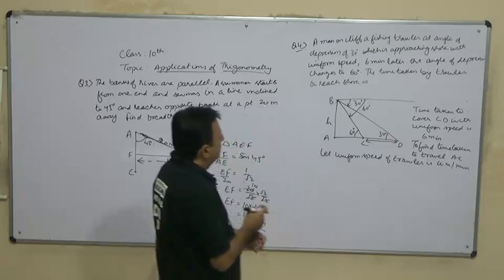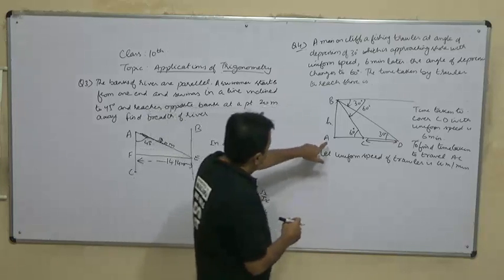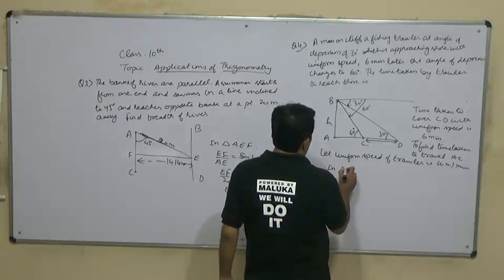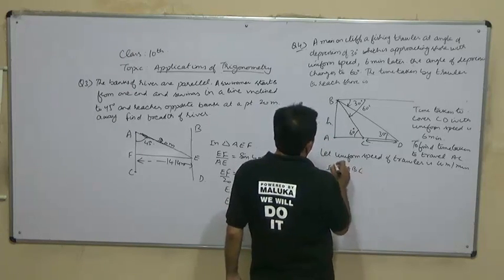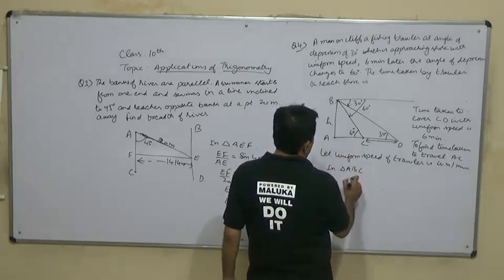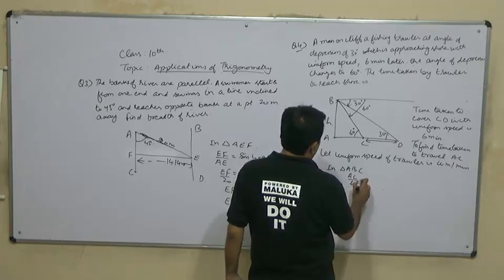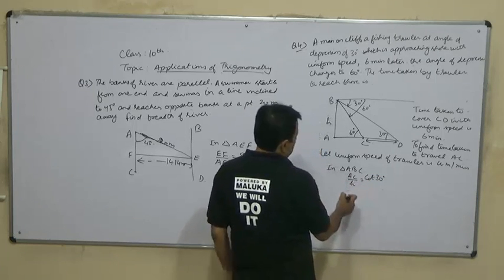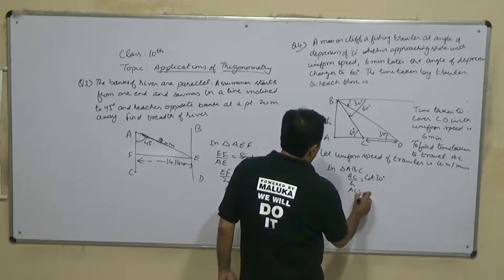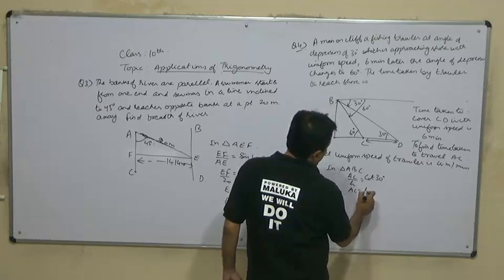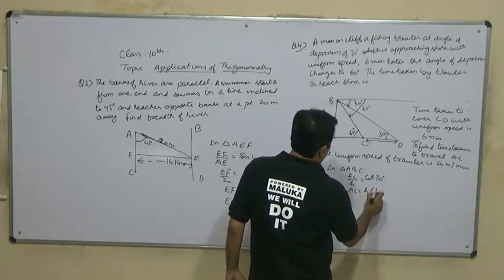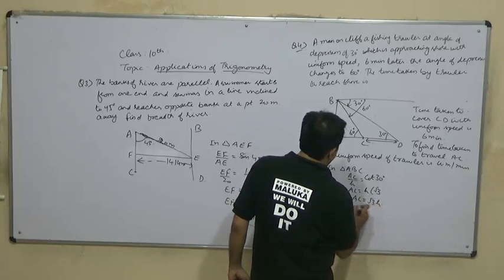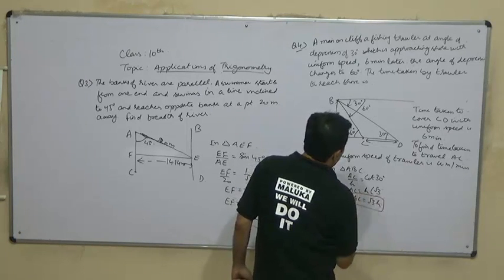Now we take triangle ABC. AC upon h is cot 30 degree, so AC is equal to h cot 30. The value of cot 30 is under root 3, so AC is equal to under root 3 h.